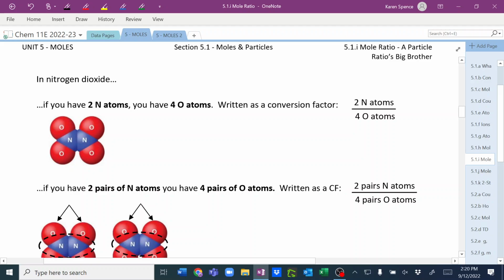Okay, we could also write it between N atoms and O atoms. If you have 2 N atoms, you have 1, 2, 3, 4 O atoms. So that's a 2-to-4 ratio.